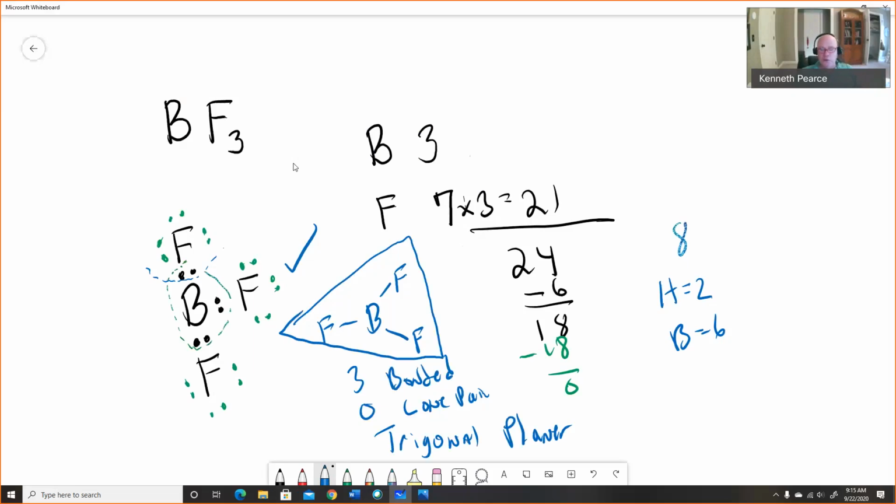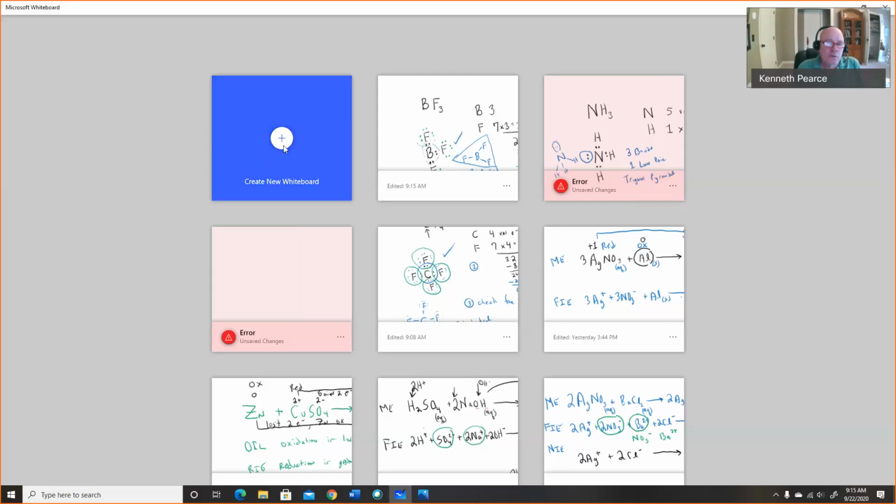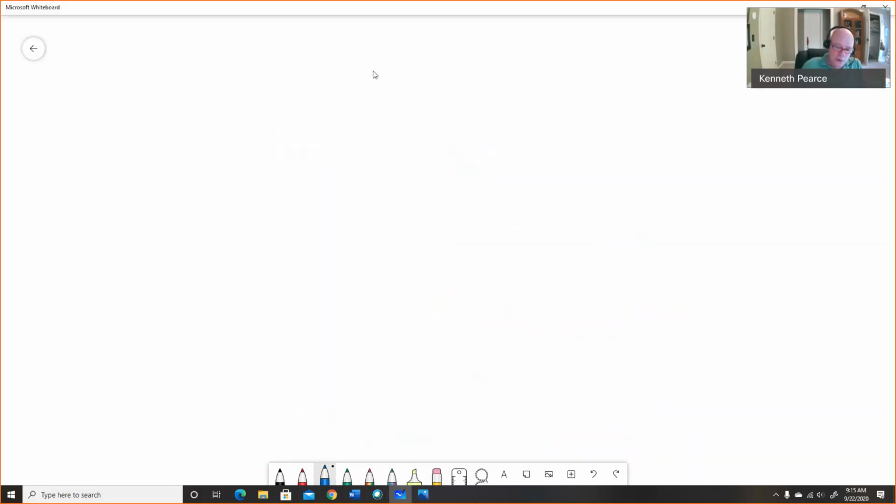So we look on the table, we see that we have 3 bonded, no lone pairs, and therefore it's trigonal planar. If you have lone pairs, it cannot possibly be planar. So there's no lone pairs, so it is planar. It's trigonal planar.